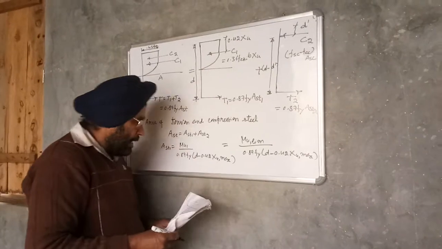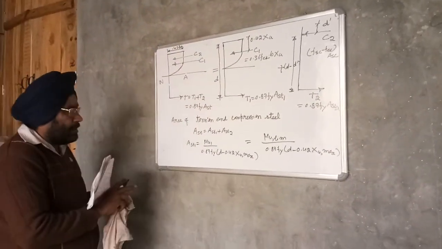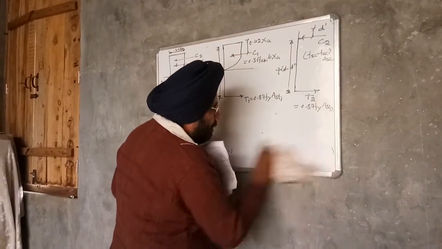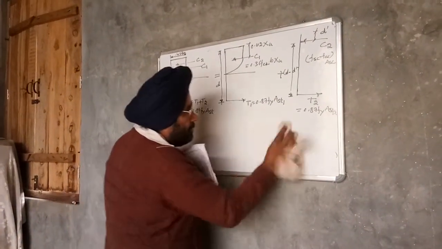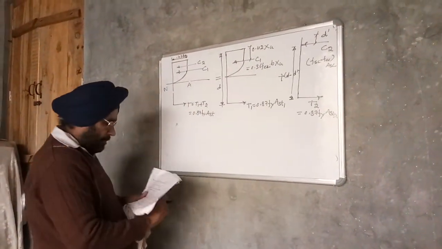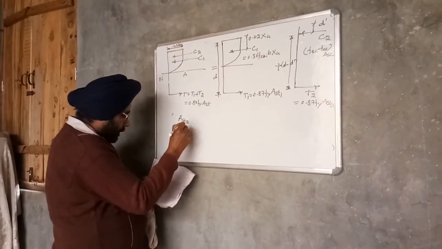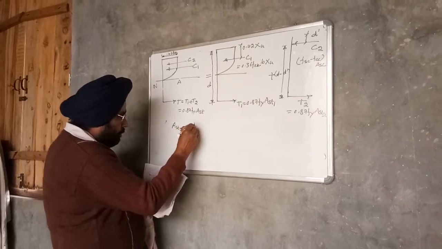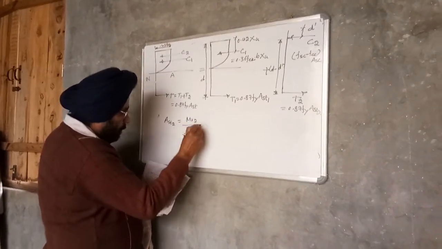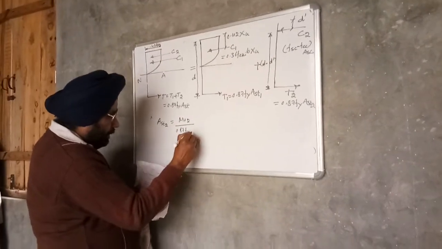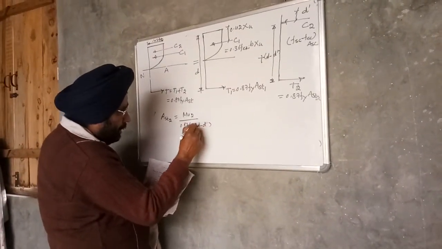Then Ast2 is the area of the additional tensile steel. This is equal to Mu2 upon 0.87 fy into (d minus d dash).